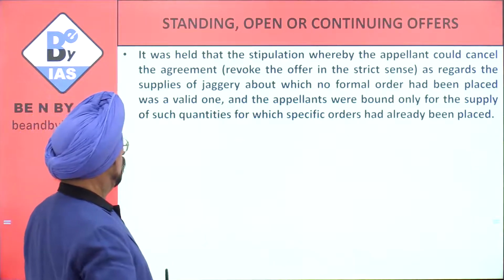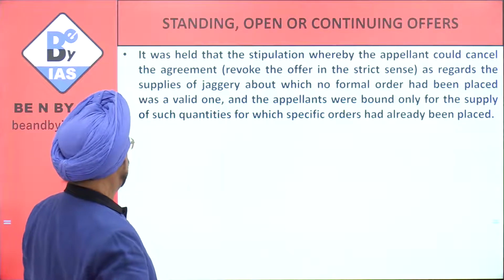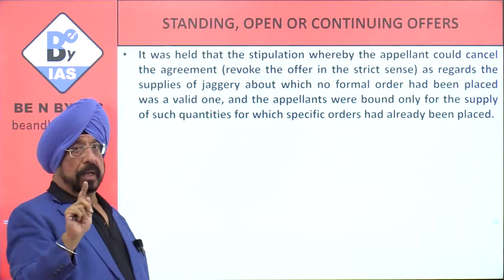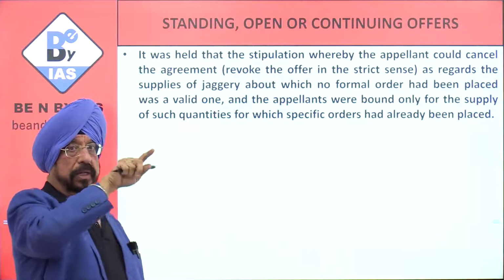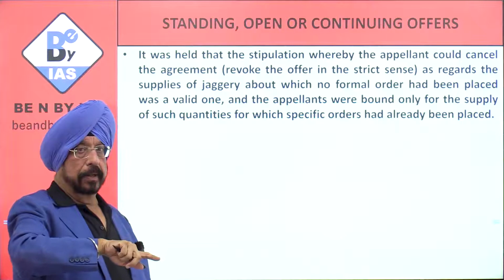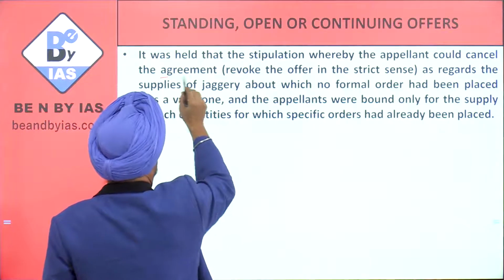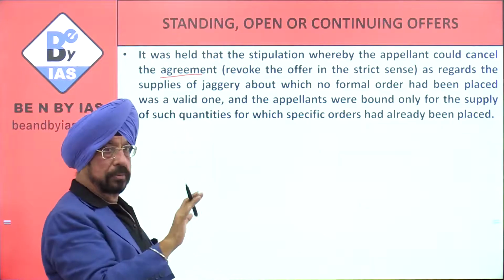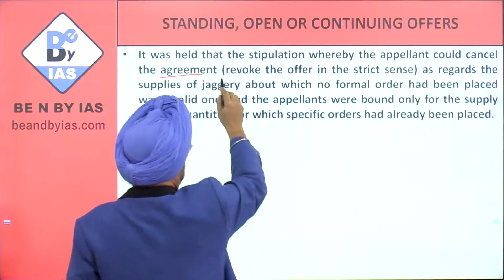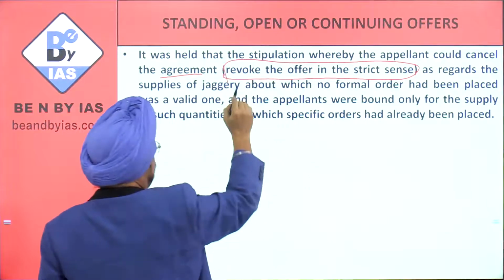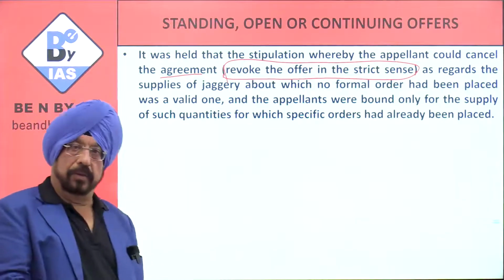It was held that the stipulation whereby the appellant could cancel the agreement was to revoke the offer. Now see, when it came to the judgment, what is written? Agreement, okay, contract and agreement will do. Revoke the offer in the strict sense, because it is still in the offer stage.